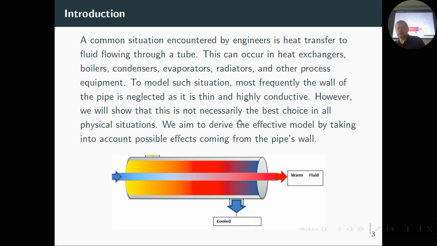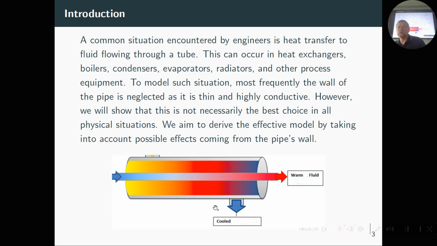So the typical situation is you, for example, put warm fluid in a pipe and the exterior medium is cold, so there is a cooling process. It could be the vice versa, the fluid could be cold and the medium could be hot. It doesn't really matter for this purpose.